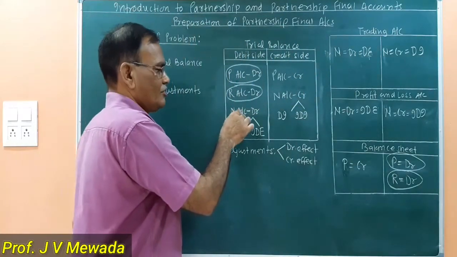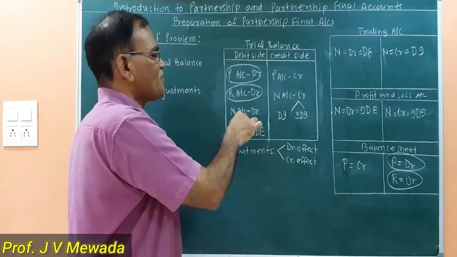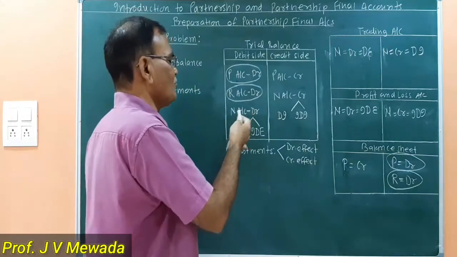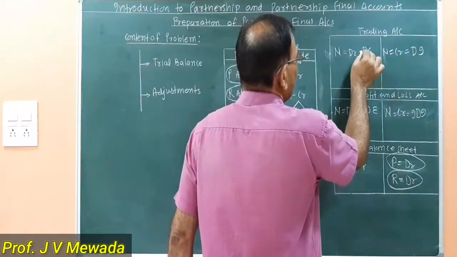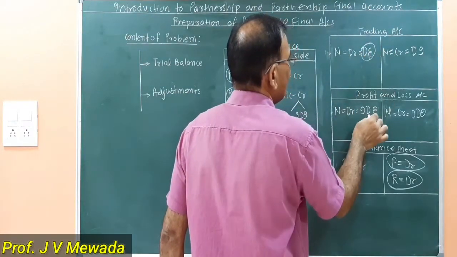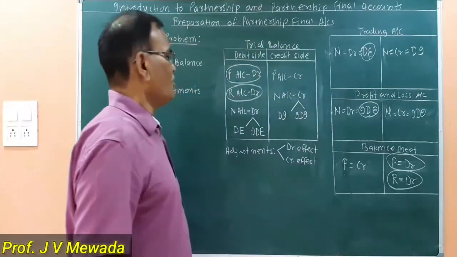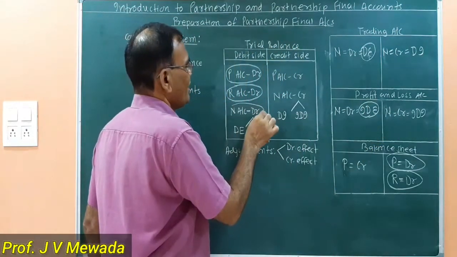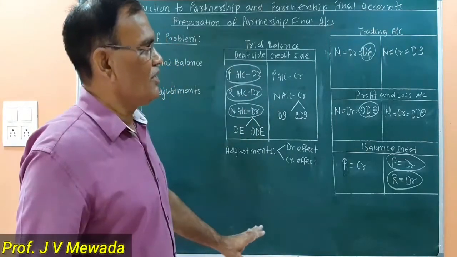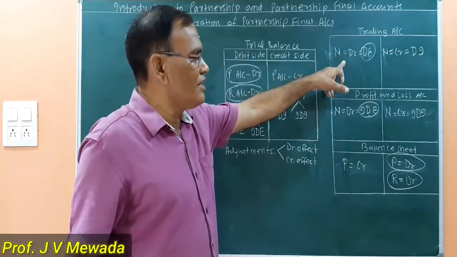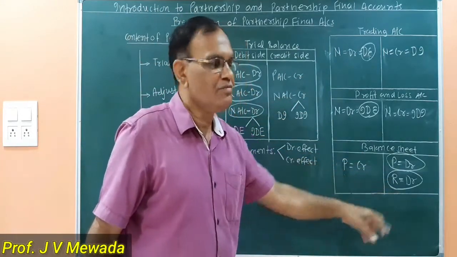And nominal account debit balances are the expenses. So these expenses are of two categories. Direct expense will appear in the trading account, and indirect expense will appear in the profit and loss account. So all the balances of debit side are transferred to the trading account debit side, profit and loss debit side and balance sheet asset side.